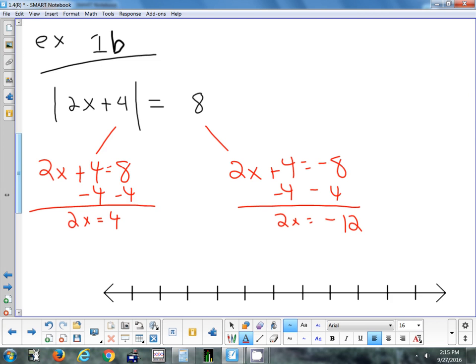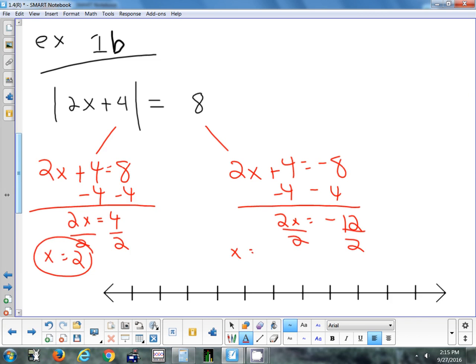Not sure? Ashley? Yeah, divide by 2. Divide by 2 here. Divide by 2 here. I'm going to get x equals 2 for that one. 4 divided by 2 is 2. X equals, someone help me out with this one, I'm not sure. I'm not good with my negatives and my positives when I'm dividing.